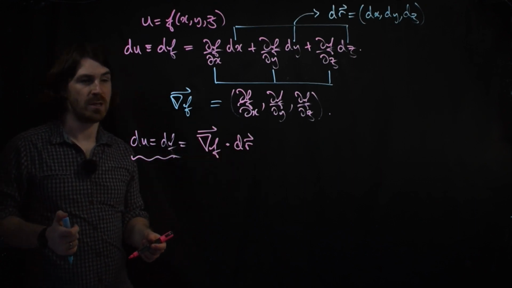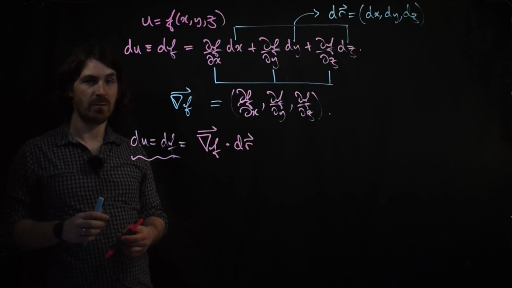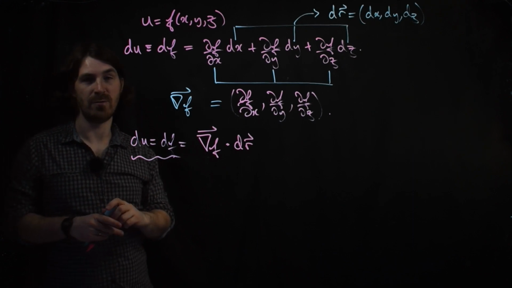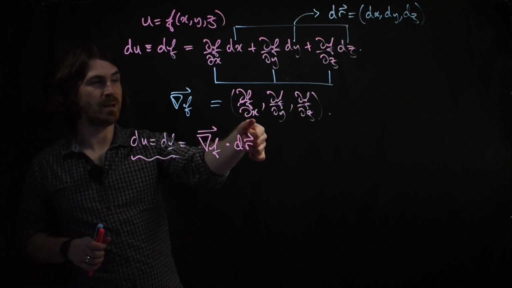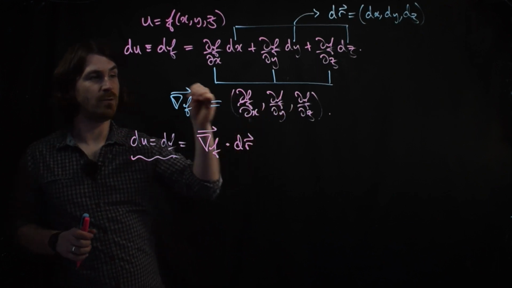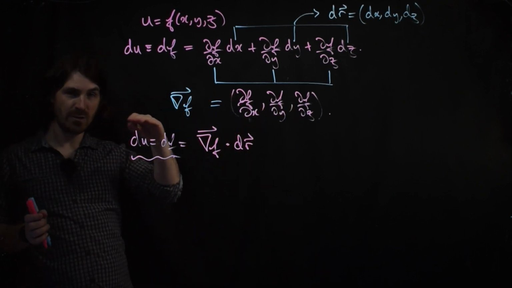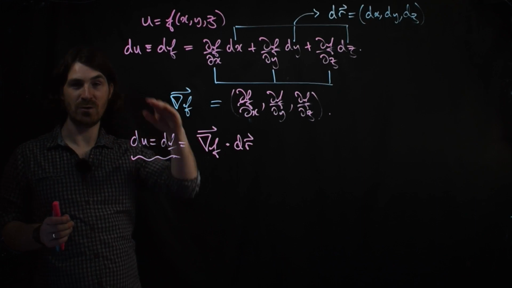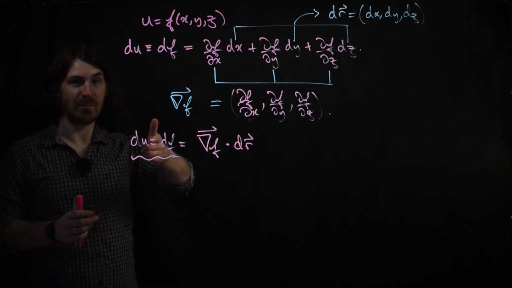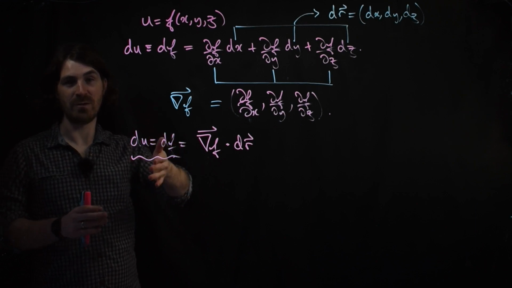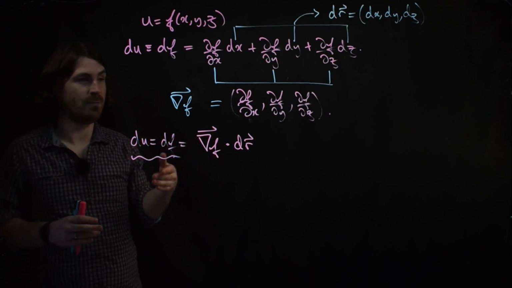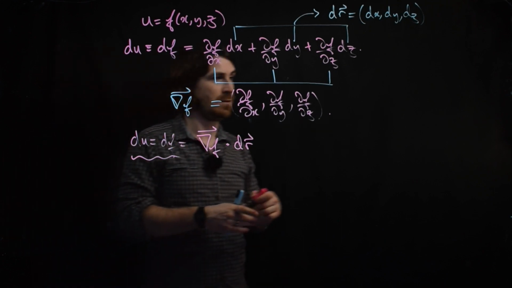This is where the concept of a directional derivative comes in. Like I said before, you looked at partial derivatives, df by dx, or df by dy, or df by dz, and this showed us what the change in the function was along the curve described by the intersection of your surface and a plane at constant y, for a function of two variables.